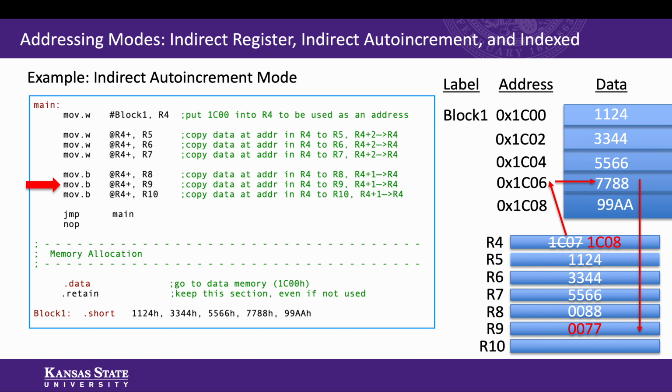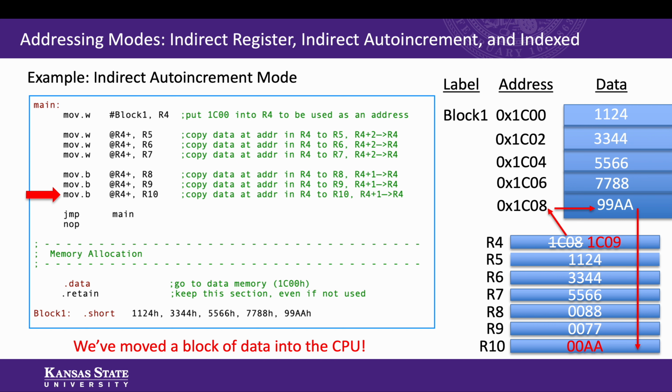So we're going to grab the 77 this time, just to illustrate this concept, and we're going to move that 77, the upper byte, into R9. That gets stored as 0077. And again, because we operated on only a byte, the R4 contents are incremented by only 1 to 1C08.